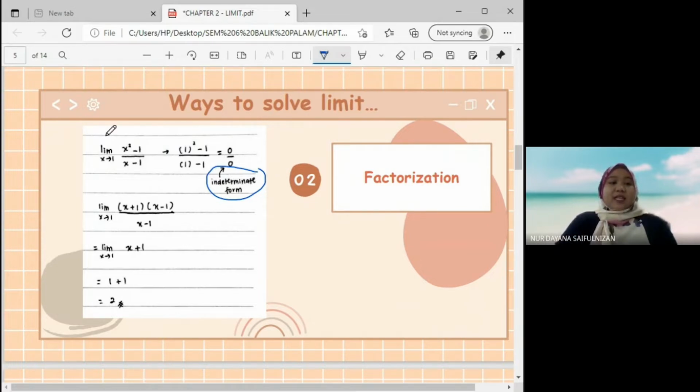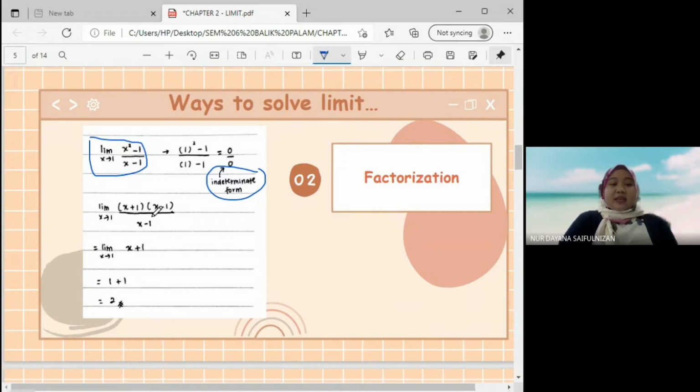Okay, as we can see in this function, what we can do is only factorization. This function, x squared minus 1, we can factorize it. So we will get (x plus 1) and (x minus 1). So here we get a new function.